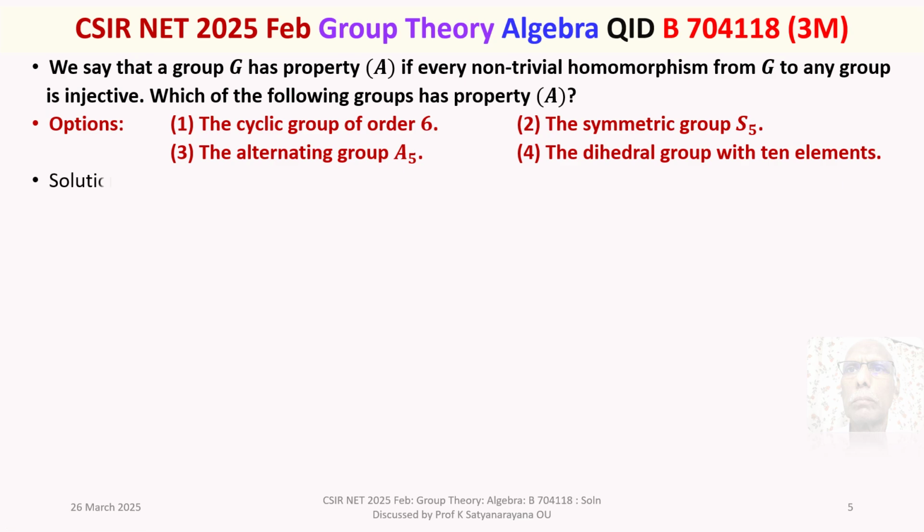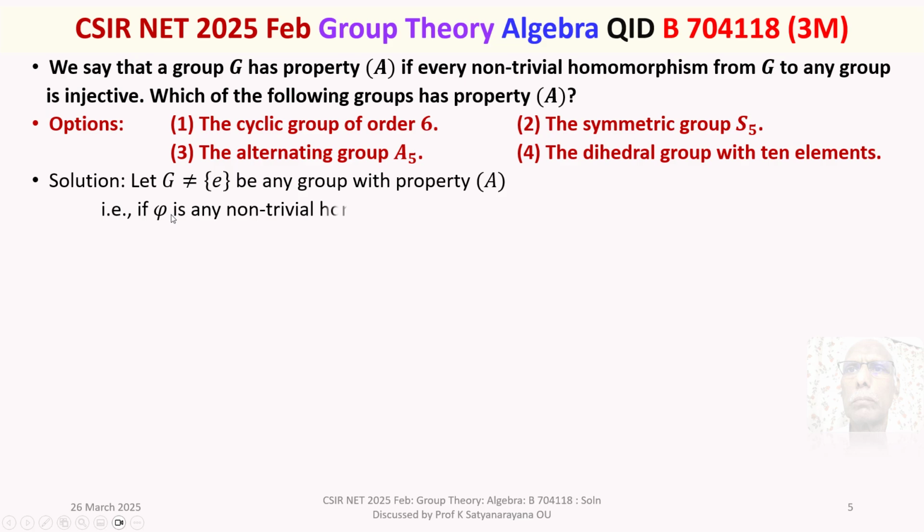Let's now discuss the solution of the problem in detail. Let G be any group with property A. What do you mean by property A? That is, if phi is any non-trivial homomorphism from G to any group G prime, then phi is injective, means phi is 1 to 1.